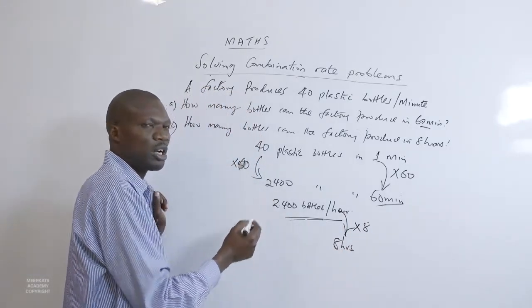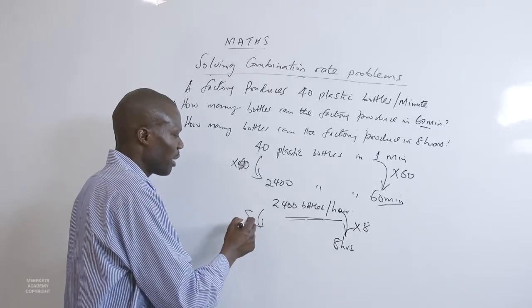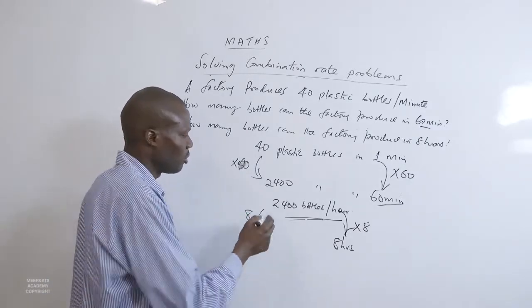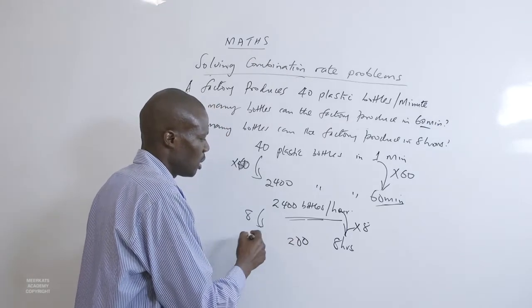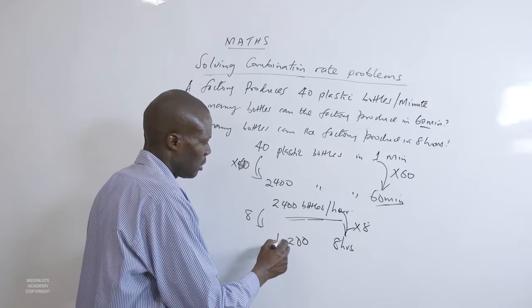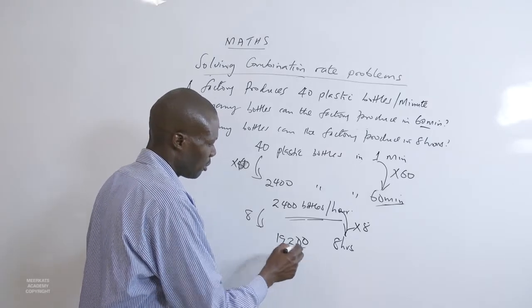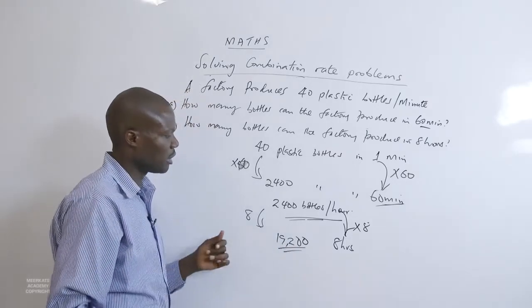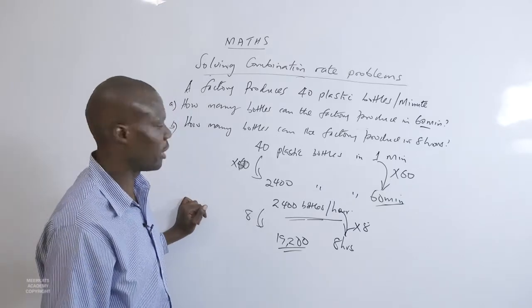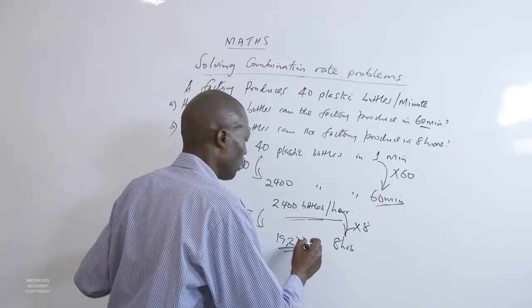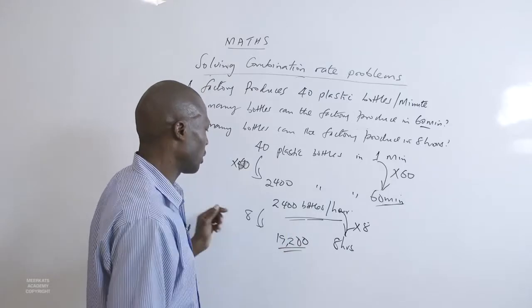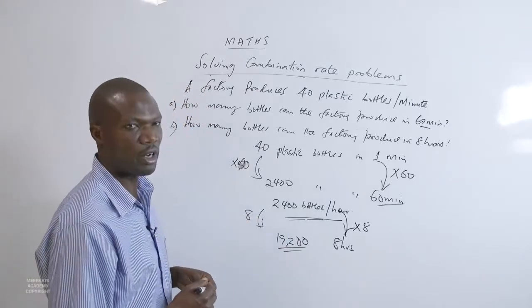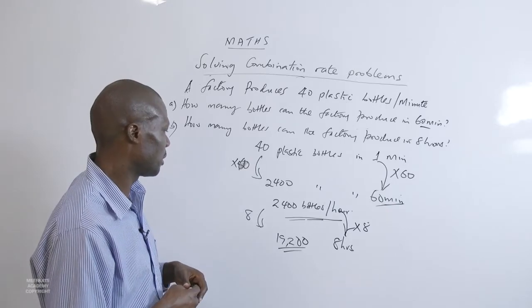So this would be 2,400 multiplied by 8. And when you do that, it will give us 19,200 bottles in 8 hours. It's not a rate. Bottles in 8 hours. That is 2,400 multiplied by 8.